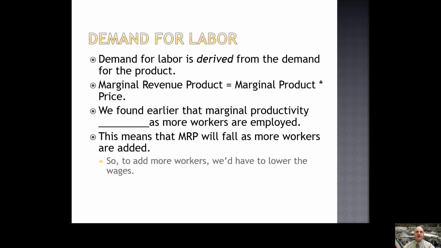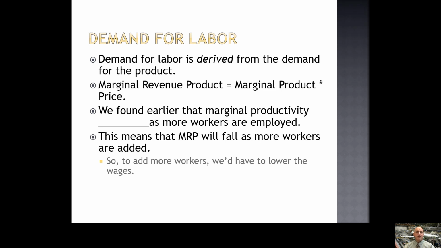In chapter 7, we looked at marginal productivity. As we hire more and more workers, do you remember what happens to the marginal productivity? Remember, you've got something that's fixed in the short run, so marginal productivity ends up decreasing the more workers you hire.